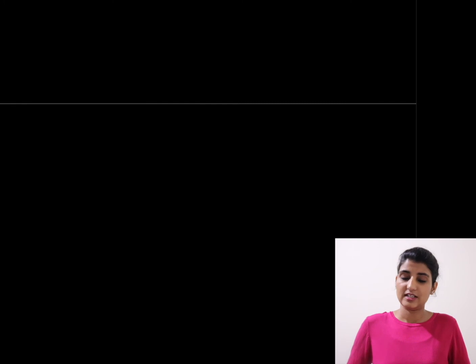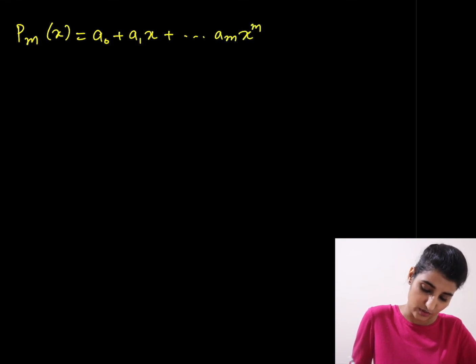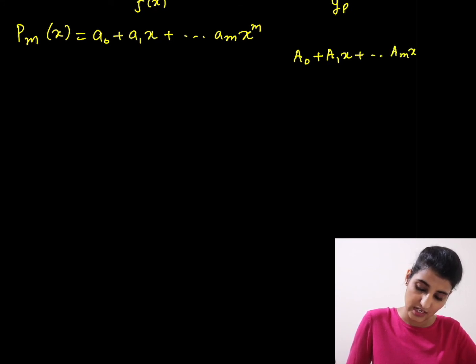So let's make a table for undetermined coefficients where we cover the general forms. If our f(x) is a polynomial, a0 plus a1x up to an m degree polynomial, then your choice for yp is going to be a0 plus a1x up to am x power m.